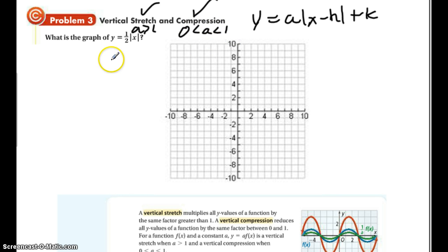So let's take a look at this graph. y equals 1/2 times the absolute value of x. It is going to be a compression towards the x-axis because it is less than 1 and greater than 0. So this here is our compression.